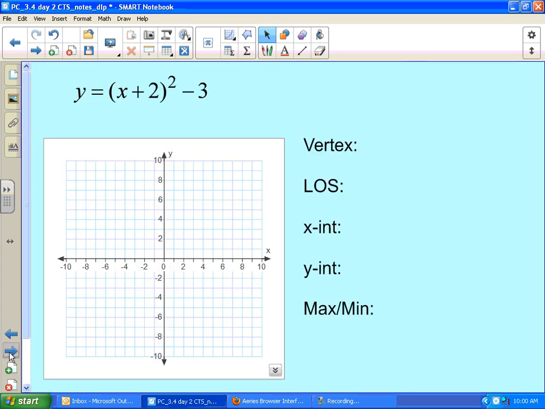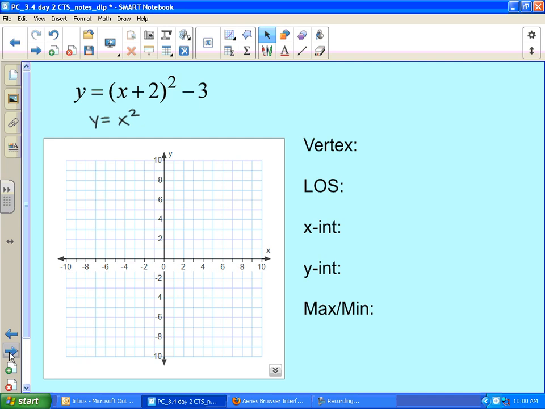So here we are, first one. We're transforming our normal parent function. What looked like before y equals x squared has now been altered. It's been altered in two different ways. It's got this plus 2 that's stuck with the x. Notice it's on the inside of the parentheses. That's important.